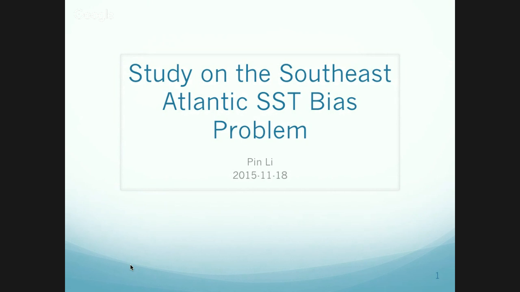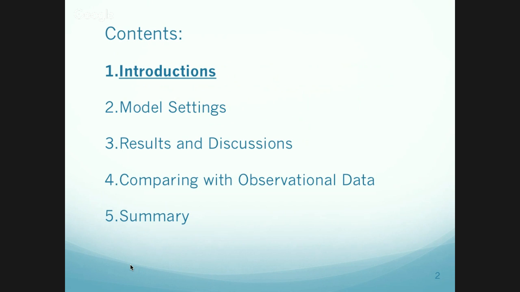Good afternoon, everyone. It's finally my turn to introduce my work. My topic is a study on the Southeast Atlantic SST bias problem. Most of you are familiar with my work, but for those of you who don't know it, I will give a brief introduction.